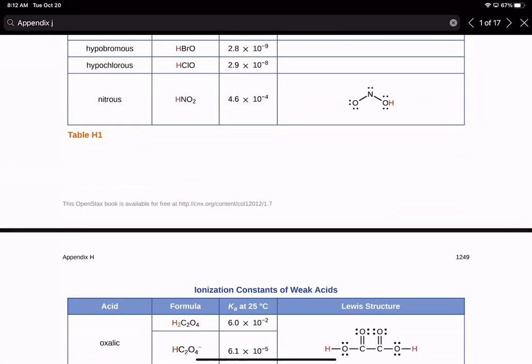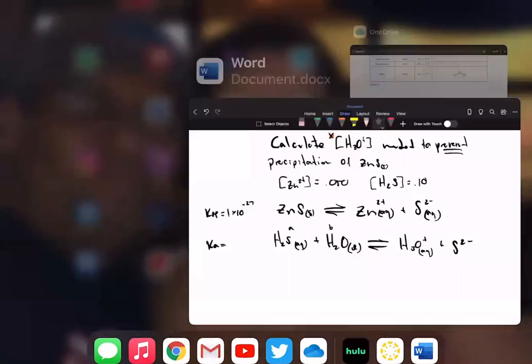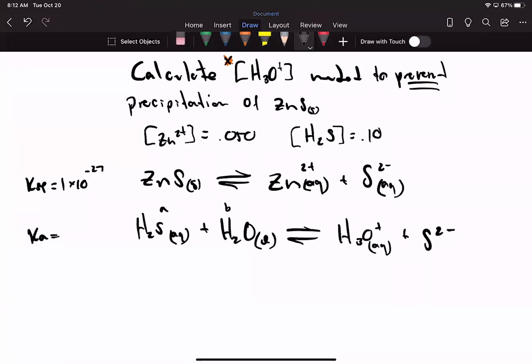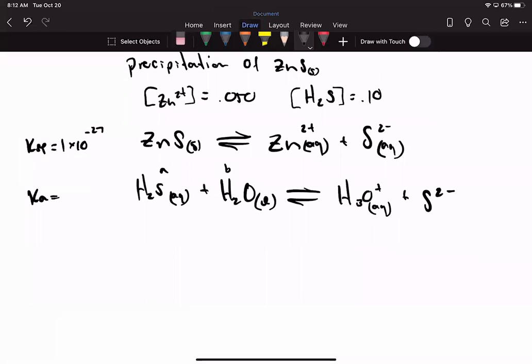My reaction is actually incorrect. My reaction's incorrect here. H2S, this involves balancing this.